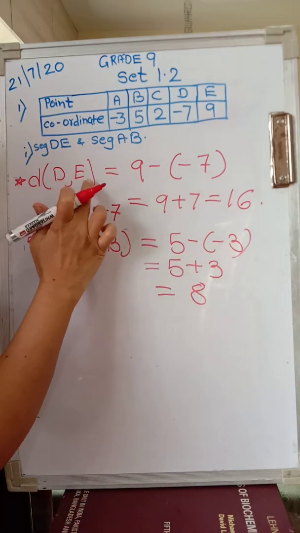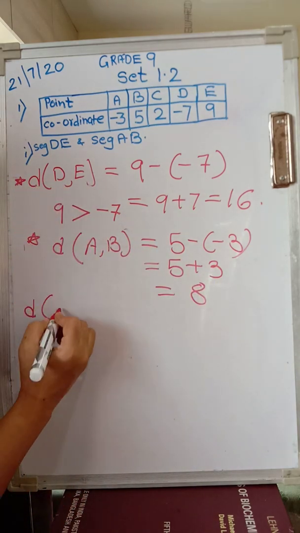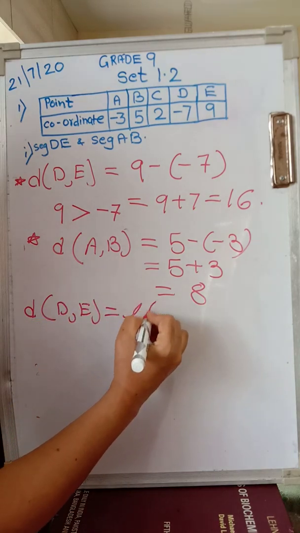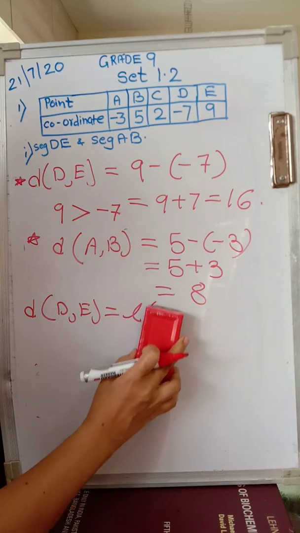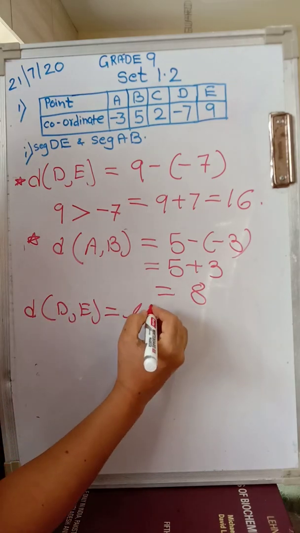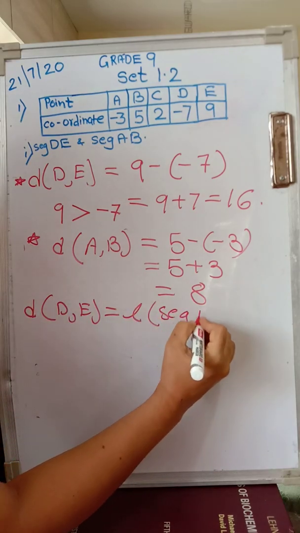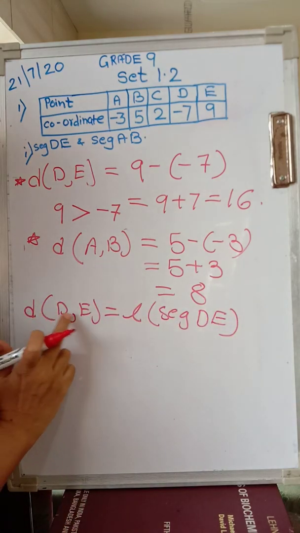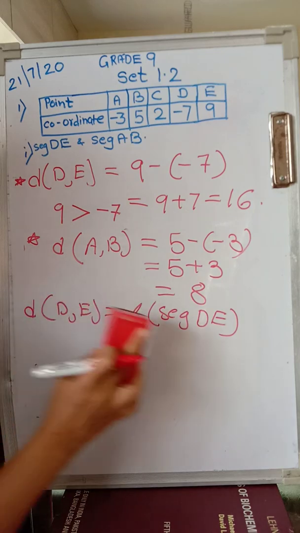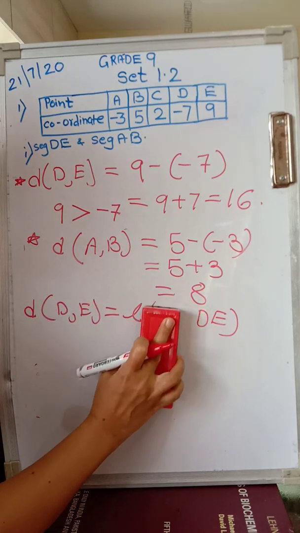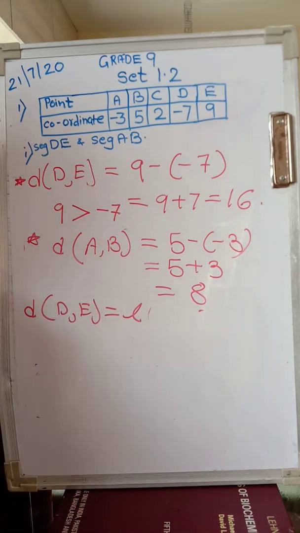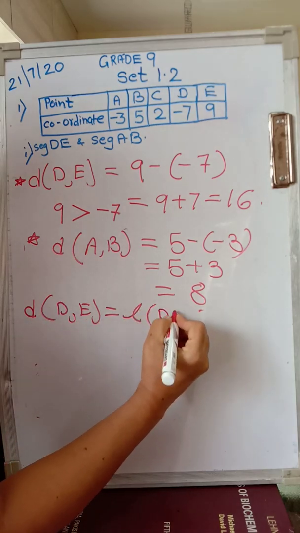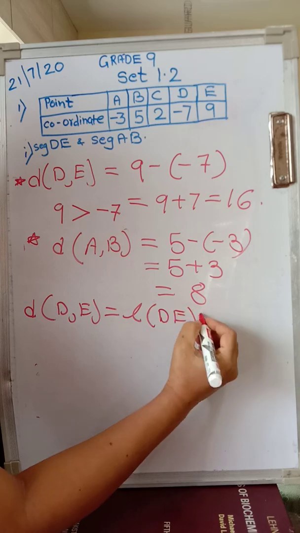Now distance between points DE is equal to length of segment DE. Okay. So we have seen this. Distance DE is nothing but length DE. I'll cut this segment and make it short for you. I'll write this. Distance DE is equal to length DE, which is equal to how much?